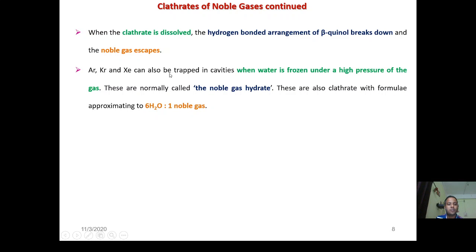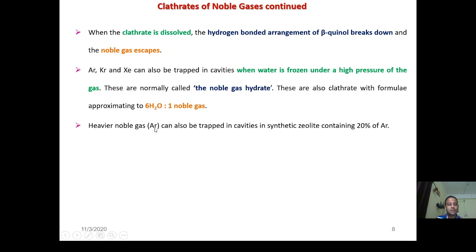Argon, krypton and xenon can also be trapped in the cavities when water is frozen under high pressure of the gas. In these cases, since water is involved, they are known as noble gas hydrates. These are also created with a formula approximating 6 water molecules and 1 noble gas.